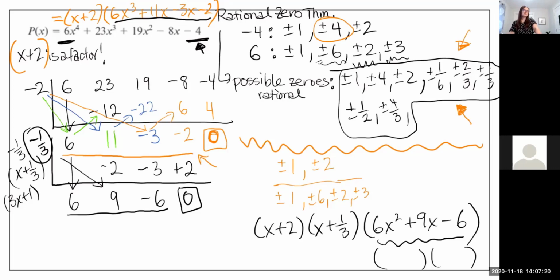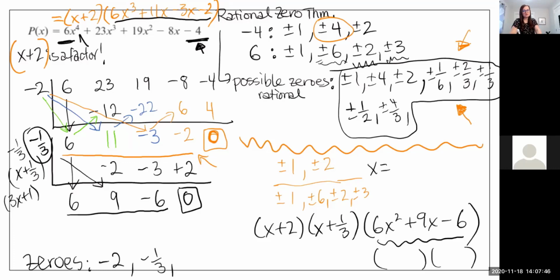It's possible, if this doesn't factor, that you would run the quadratic formula on it. And that would give you the 2 zeros that would result. So when you're writing your zeros, you have 0 at -2, multiplicity 1, -1/3, multiplicity 1, and now you have another 2 possible zeros.